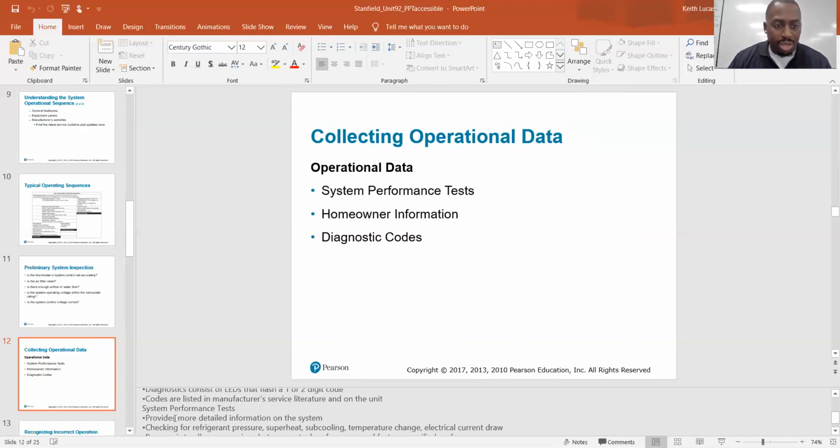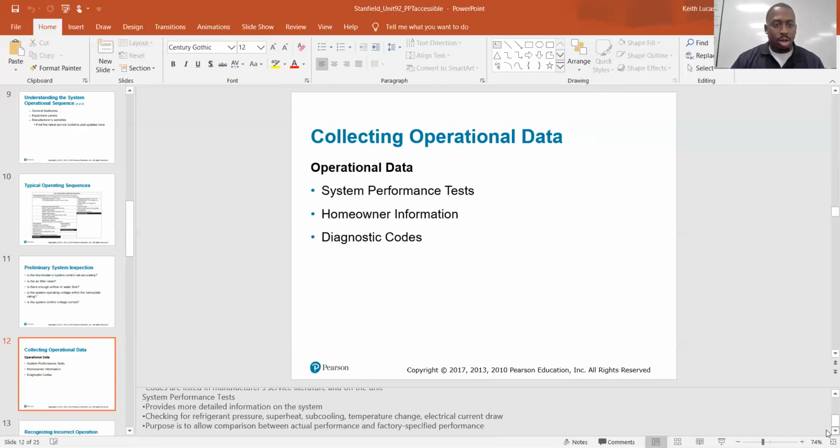So system performance tests. Let's move that down. Provides more detailed information on the system, checking for refrigerant pressure, superheat, subcooling, temperature change, electrical current draw. Purpose is to allow comparison between actual performance and factory specified performance.